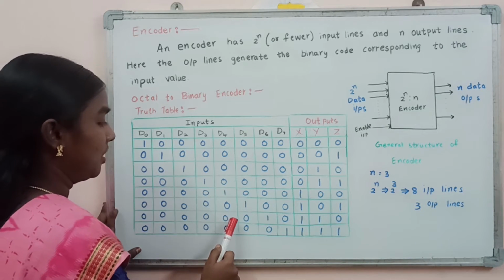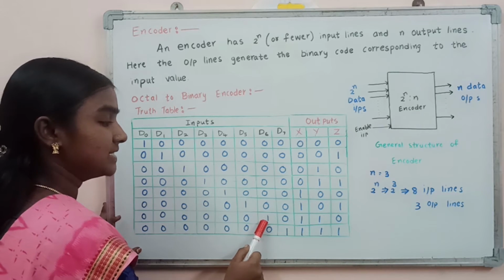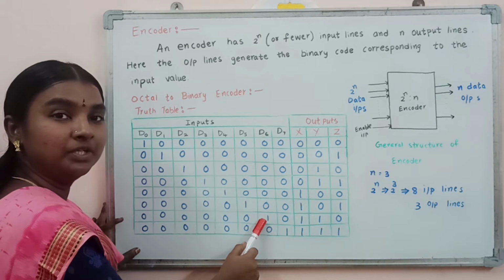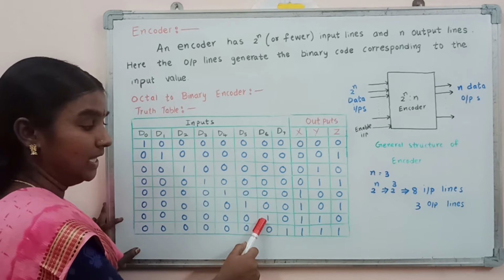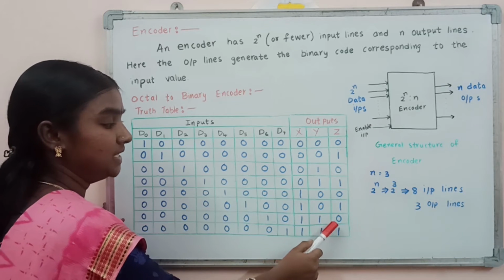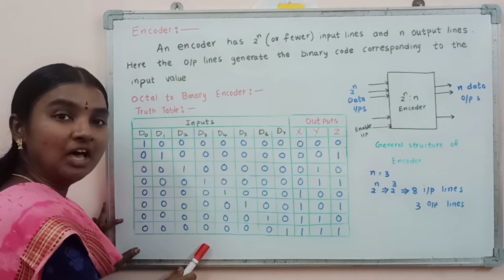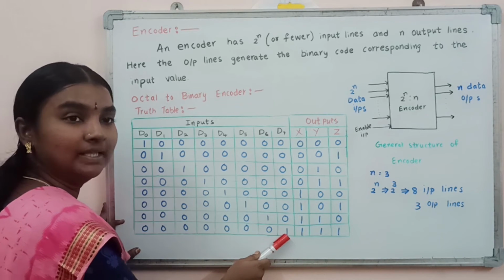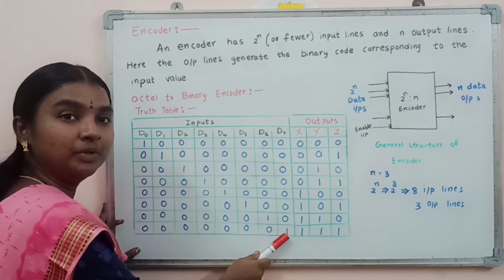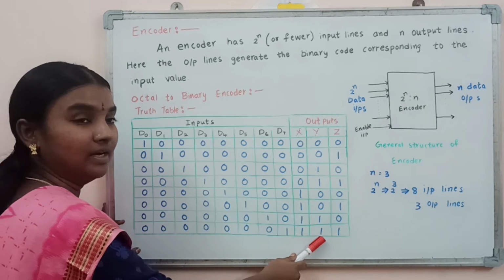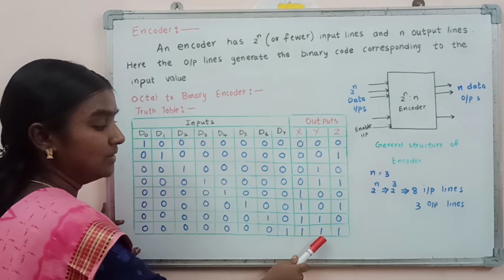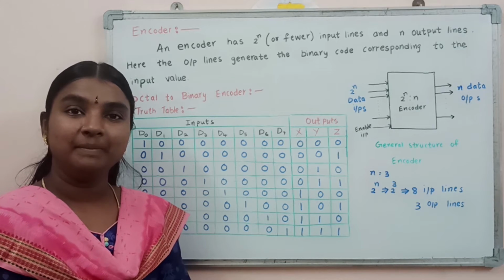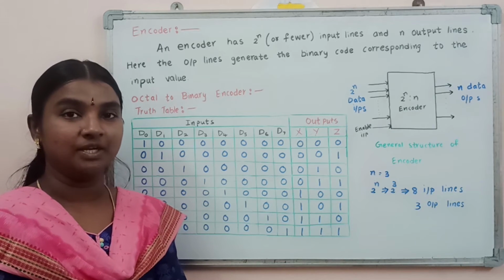Coming to the combination when D6 input is equal to 1, the respective output binary code is going to be 110. And for the last combination, when D7 input is equal to 1, the respective output binary data is x equal to 1, y equal to 1 and z equal to 1. In this manner, we may implement any encoder circuit.